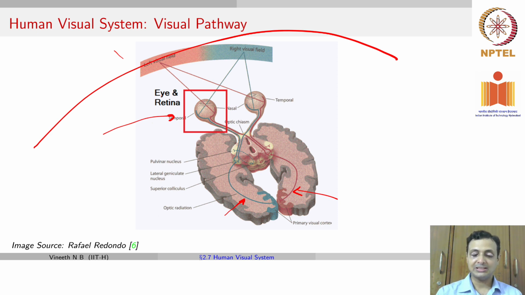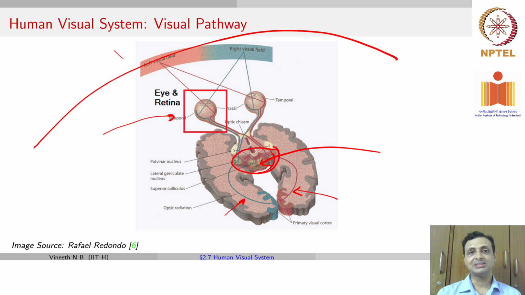The primary visual cortex is located at the back, and there are other components that the human visual system passes through, such as the pulvinar nucleus, LGN or the lateral geniculate nucleus, superior colliculus, optic radiation, so on and so forth. So if you observe carefully here, among all the inputs that come in through the retina, most of it go to the visual cortex, but there's a slight deviation of some content here which goes into the superior colliculus.